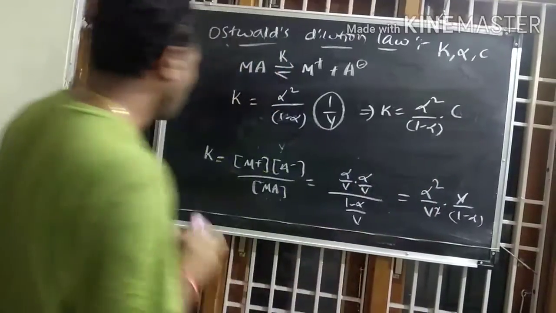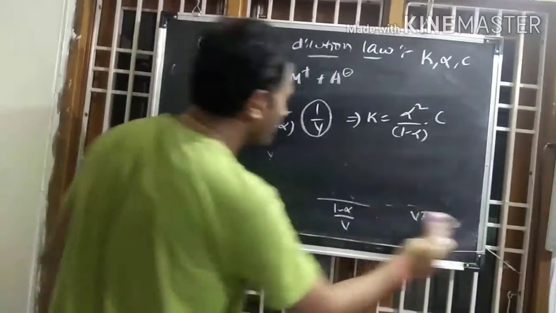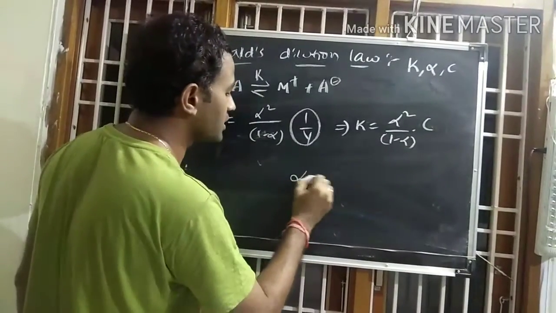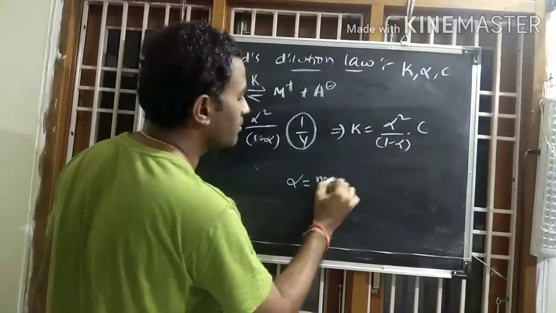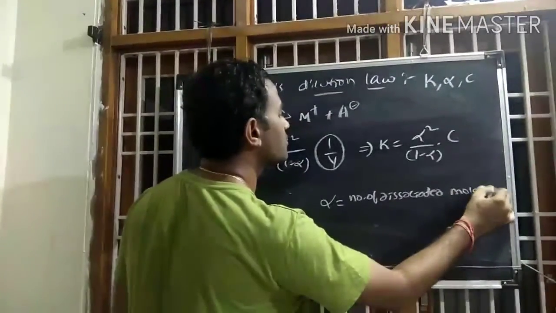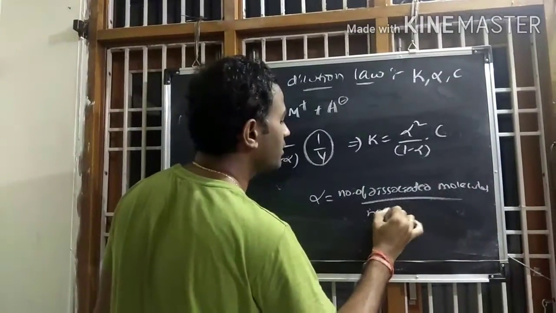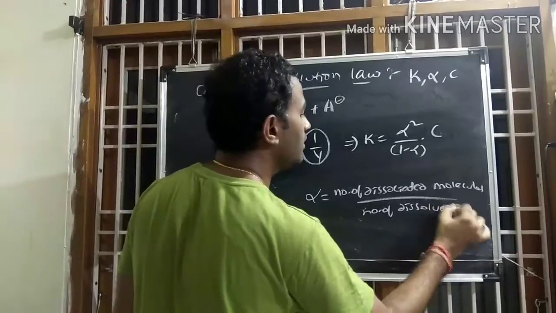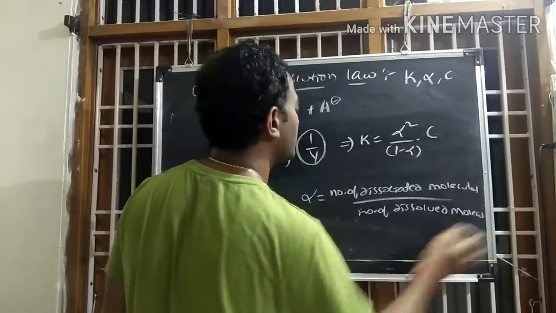So here, what is alpha? Alpha is nothing but the degree of dissociation. That is nothing but number of dissociated molecules by number of dissolved molecules of electrolyte, right?